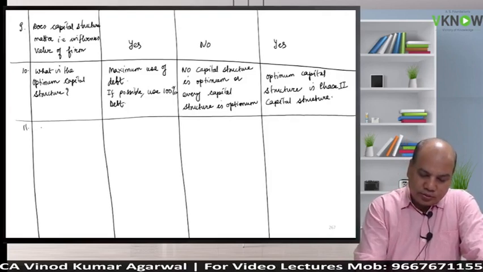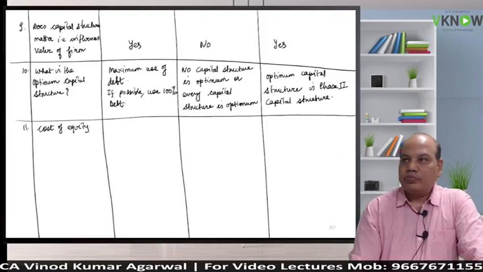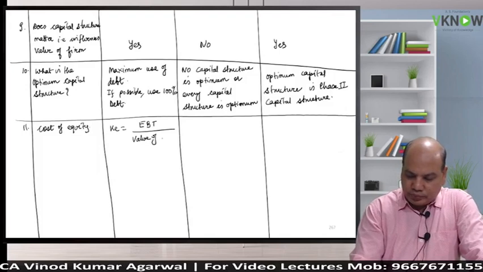Point number 11, cost of equity. How to calculate cost of equity? So, cost of equity equals EBT upon value of equity.